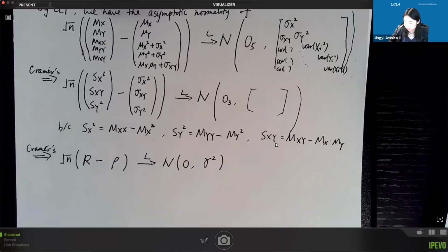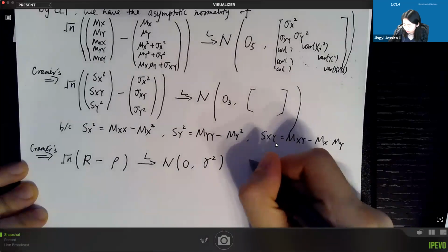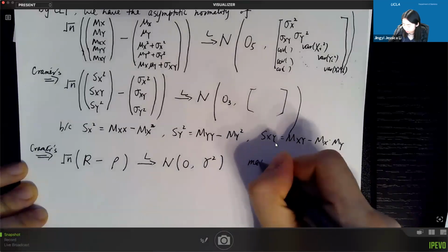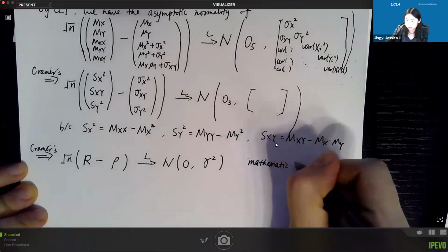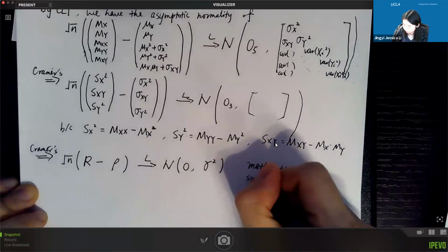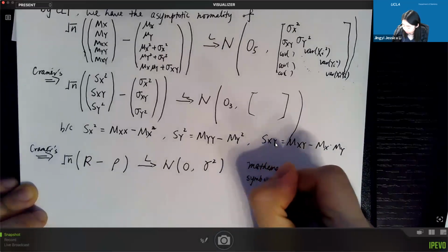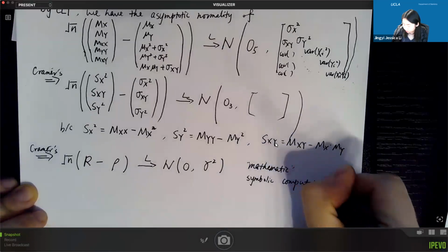So there's a lot of calculation involved. And for this type of problem, I will strongly encourage you to use, I don't know how many of you know that, a software called Mathematica that's specific for this type of job. It can do symbolic computation, which means that you don't need to supply numbers.